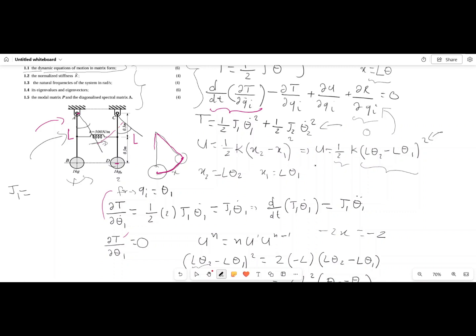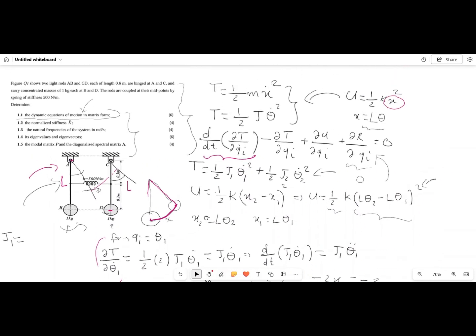In this problem, they even said it, which is nice: they say that AC carry concentrated mass. So whenever you hear the word concentrated mass, it simply means it is a mass of a shape which we do not know.